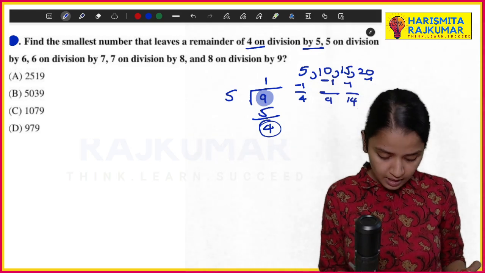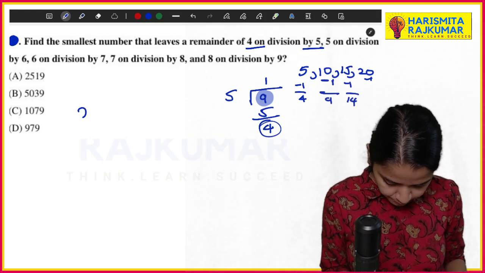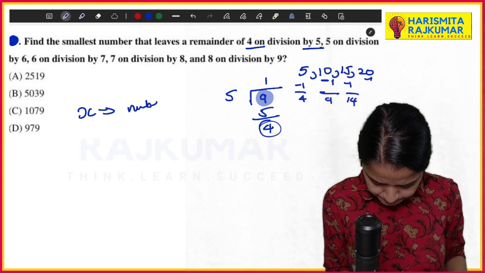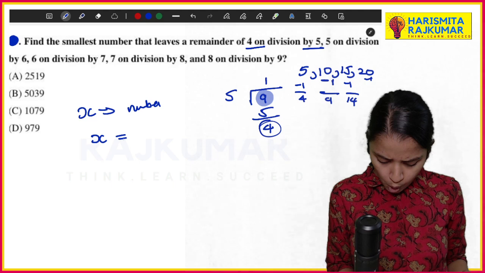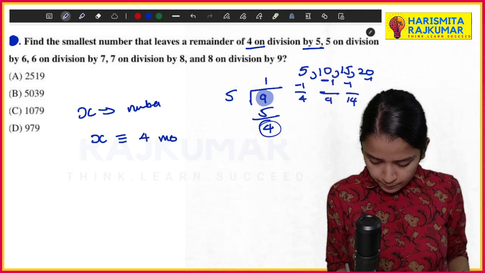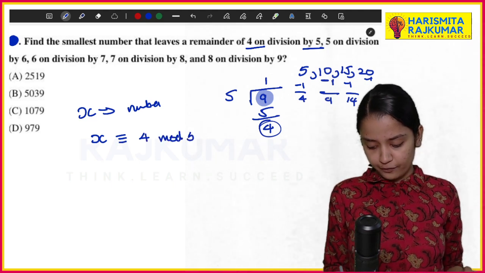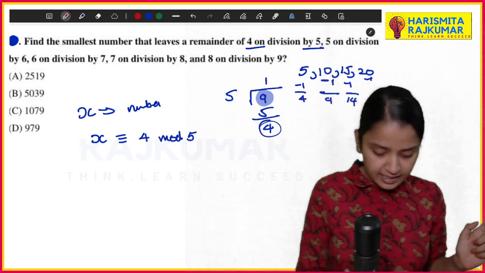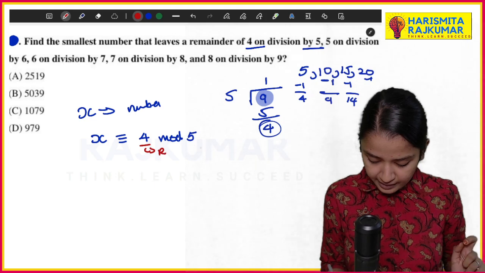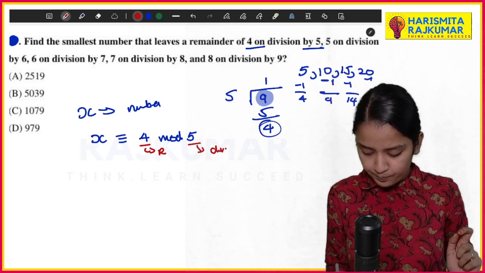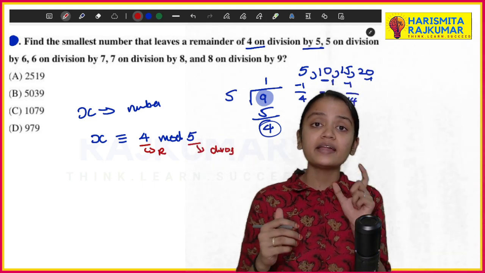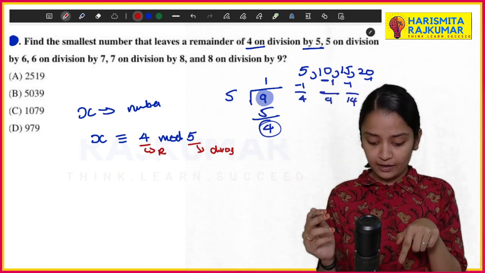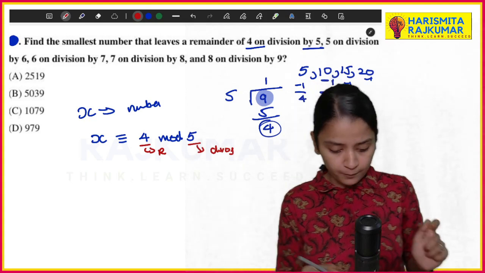Let us keep x as our number. So x mod 5 is 4, which means this indicates the remainder and this indicates the divisor. When you divide a number x by 5, you get the remainder 4.